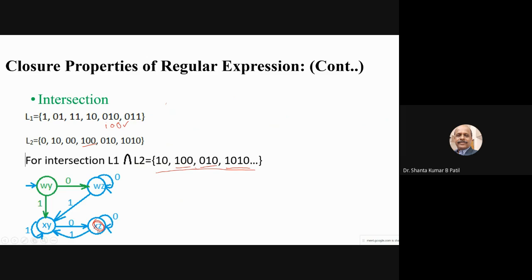Why is xz a final state? Because in finite automata 1 and finite automata 2, x and z are the final states. There is a commonality, similar features between the states x and z. That's why xz is the only final state in the case of the intersection operation.